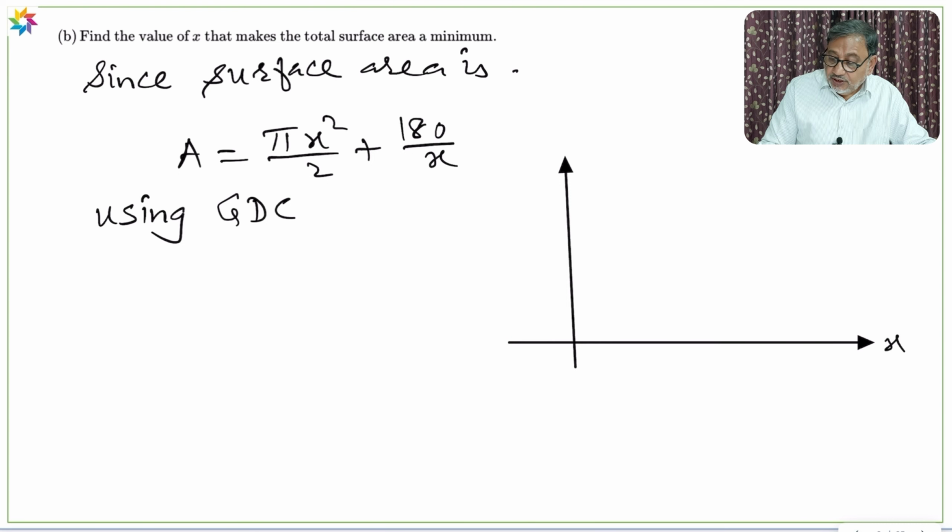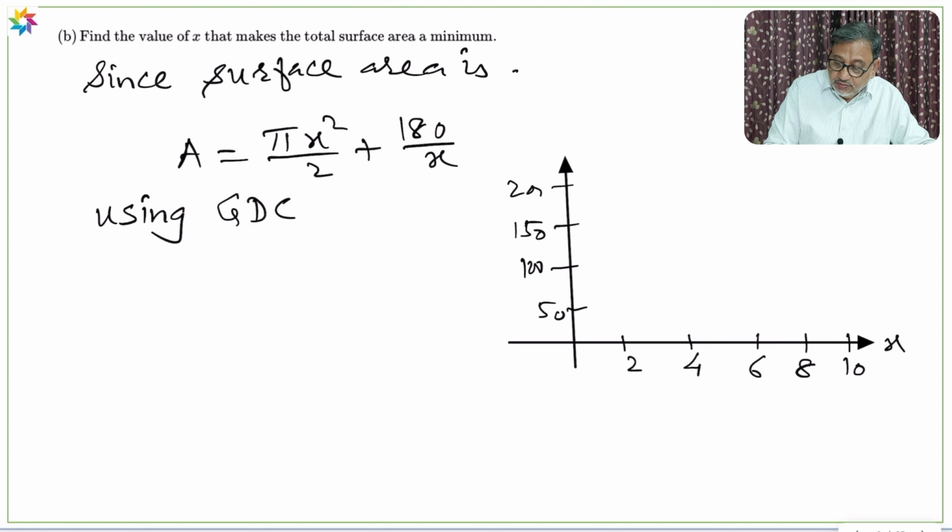Okay, x-axis. So 2, 4, rather let me take little long spaced values. 2, 4, 6, 8 and 10 I can take, and here 50 and 100, 150 and 200.